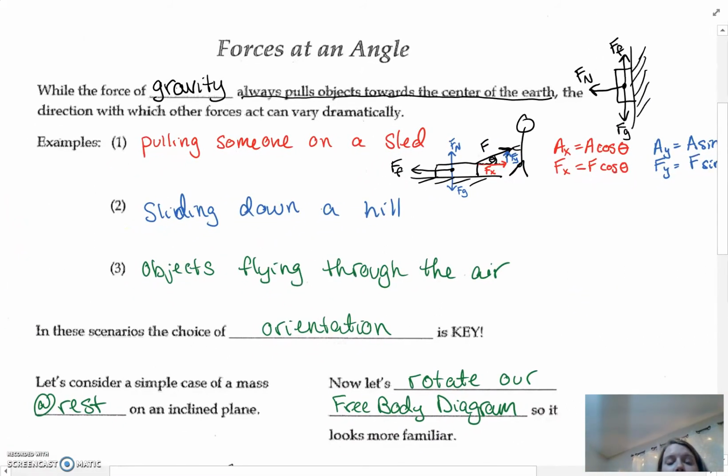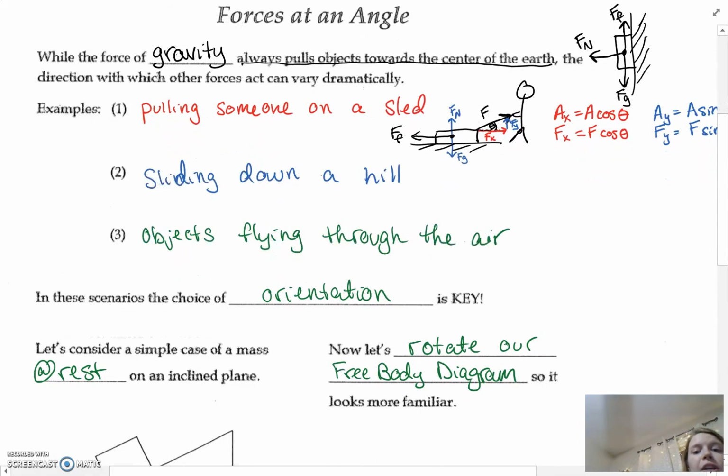So sliding or sledding down a hill would be another scenario, which is a little different from our being pulled at an angle. And it's different because when we have a hill, we have an incline here.